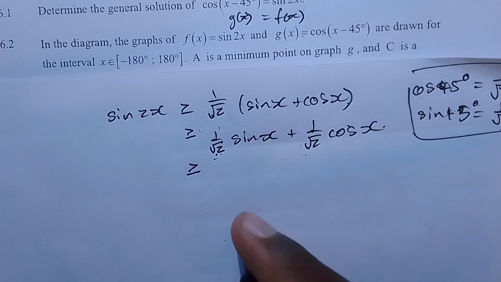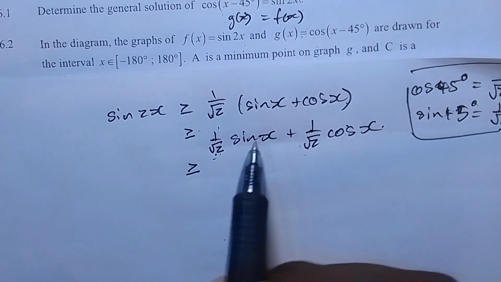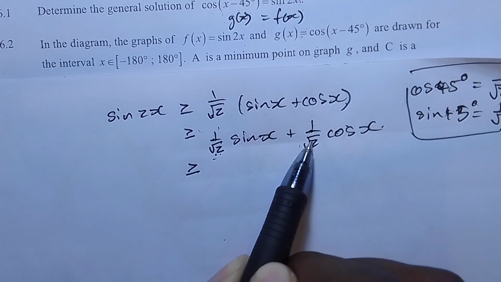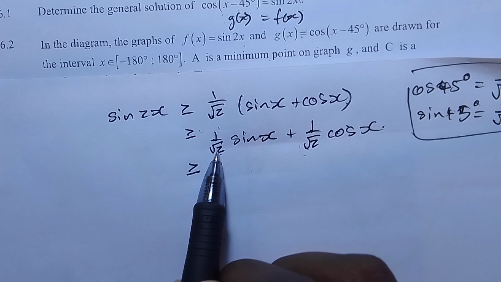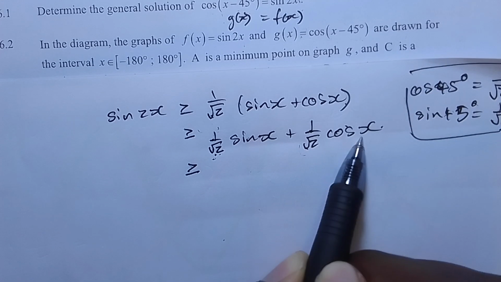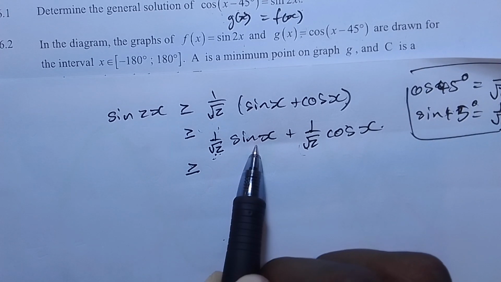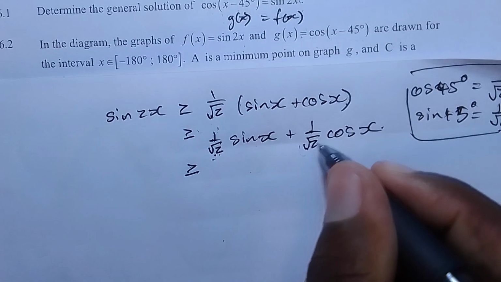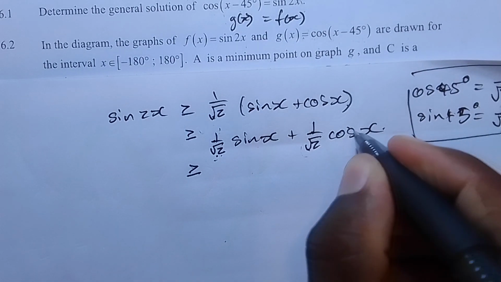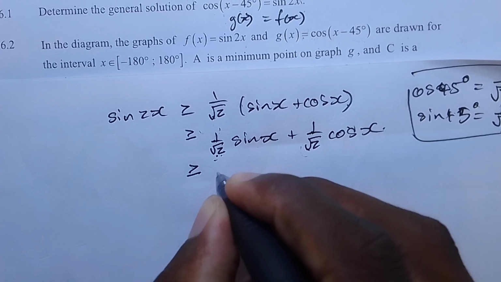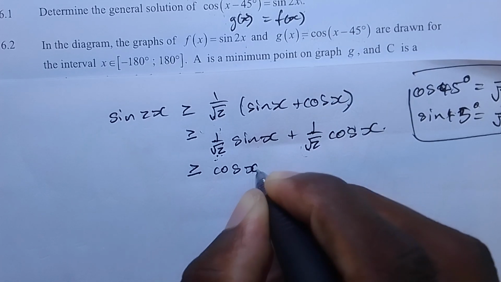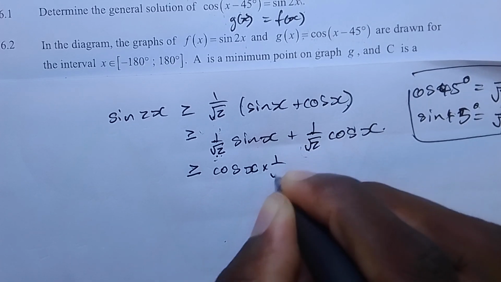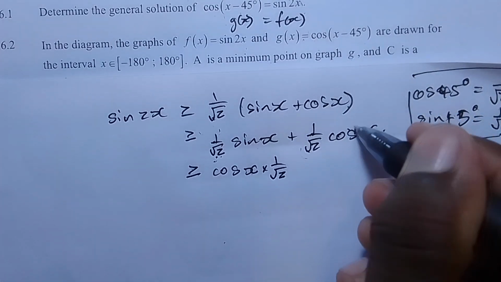What I will use is cos next to cos, and sine next to sine. That way I have cos cos, sine sine, which will be the double angle for cos. But let me rearrange a bit. I'll start with this term. I'll say cos x multiplied by 1 over square root 2. Right, this is exactly this.